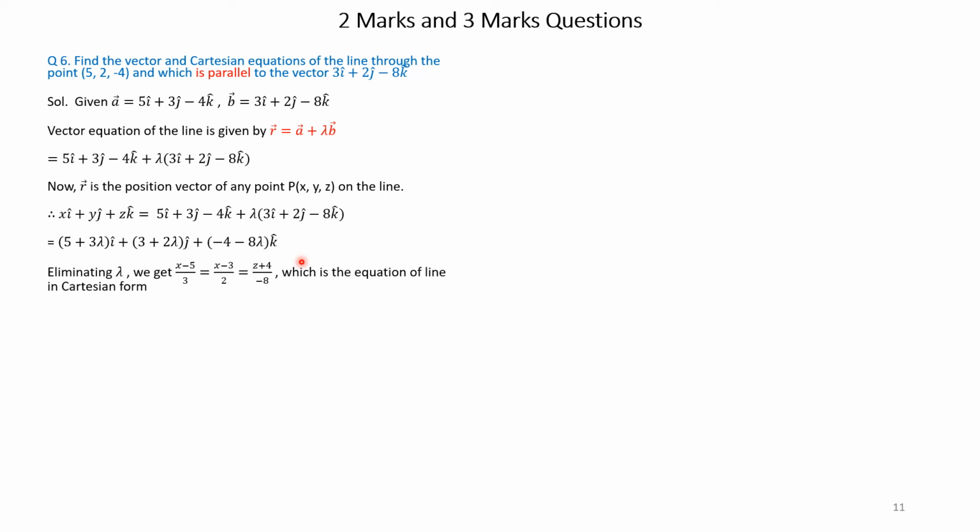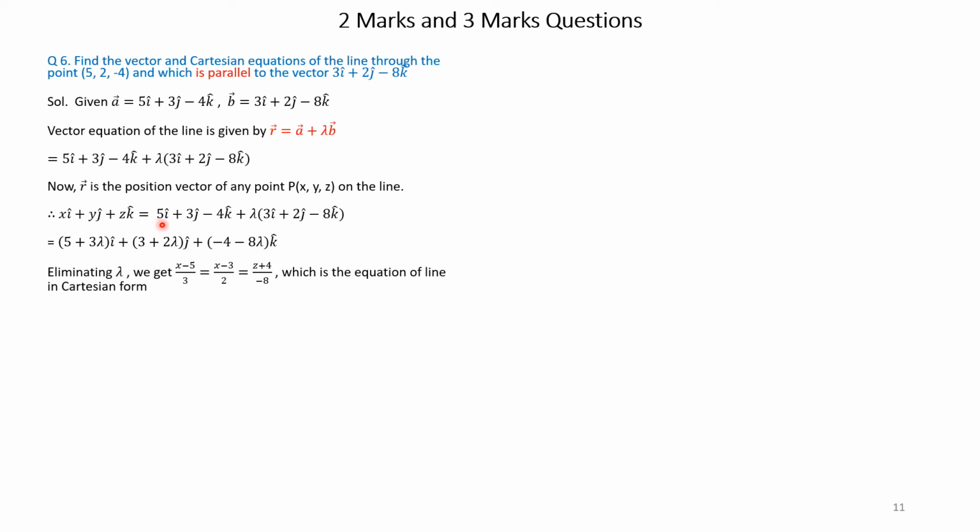Therefore, eliminating λ, we compare the coefficients of i on the left hand side as well as the right hand side. The coefficient of i on the left hand side is x minus 5.